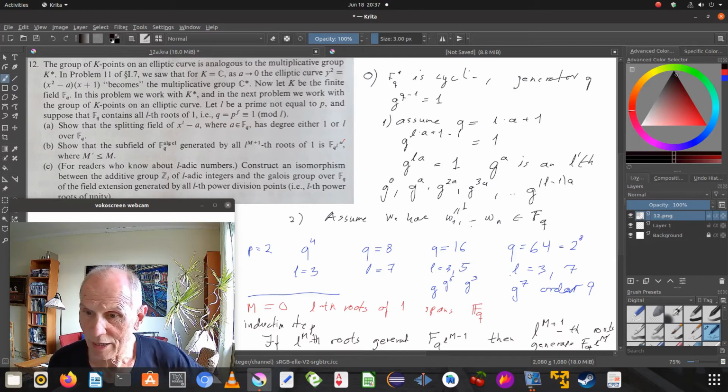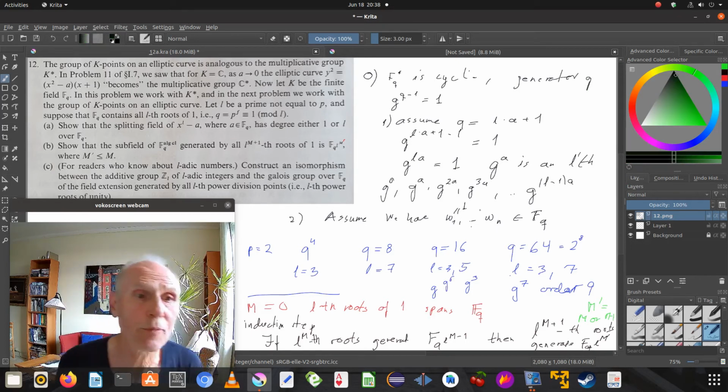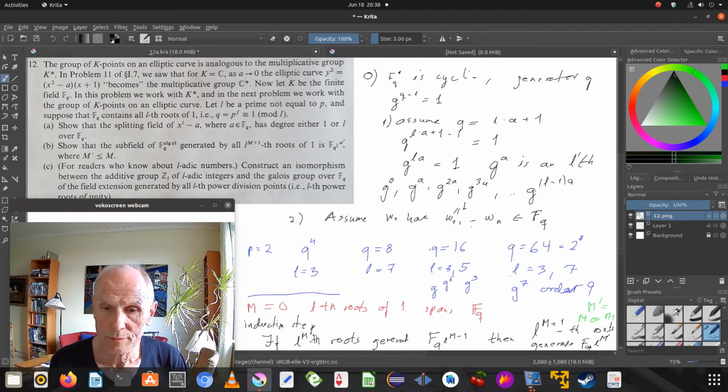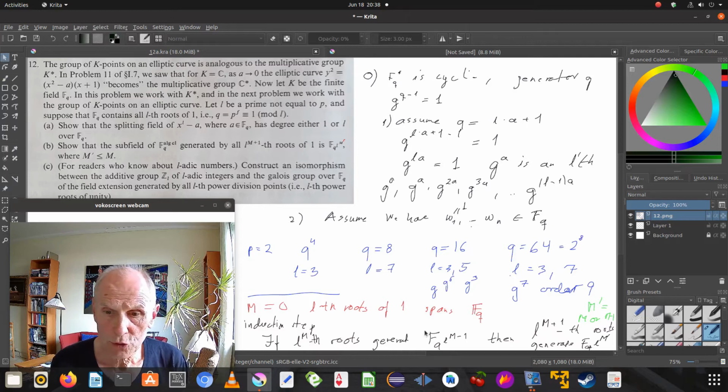Where m prime may either be m or m minus 1. No, I probably can't read that. We assume that this is generated by the L to the m roots.